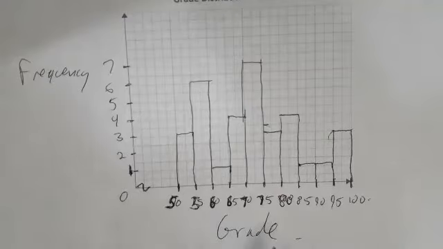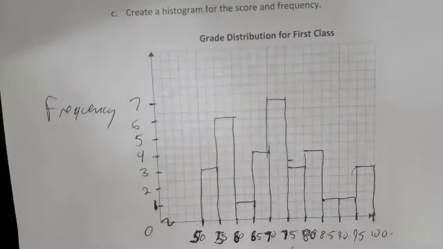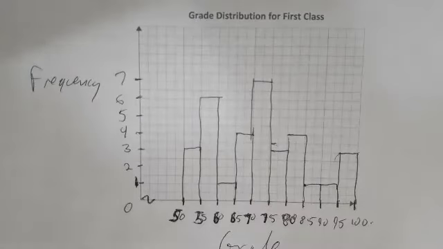So this is the grade or the score. This is the frequency. This is a histogram comparing your grade to the frequency. Okay, so this is probably not the best test.